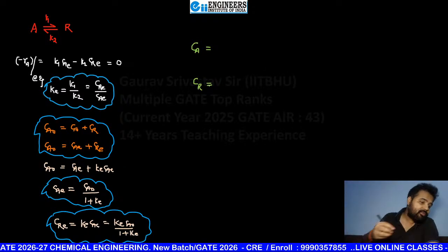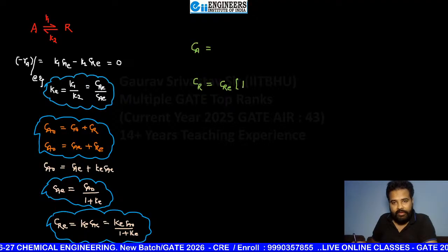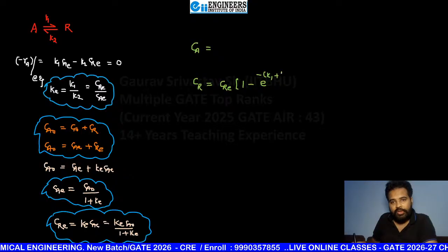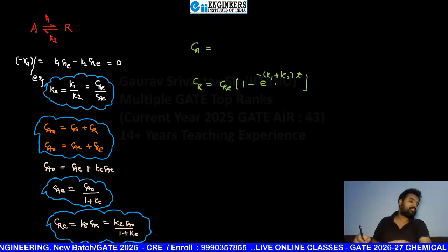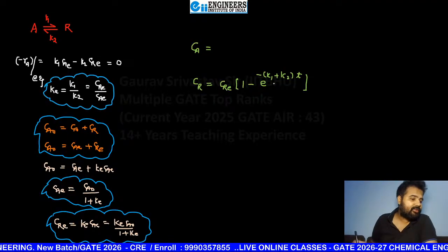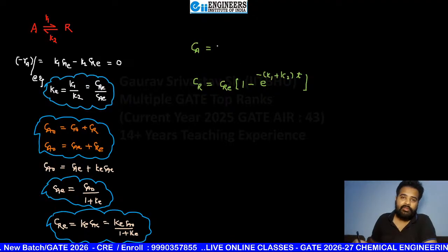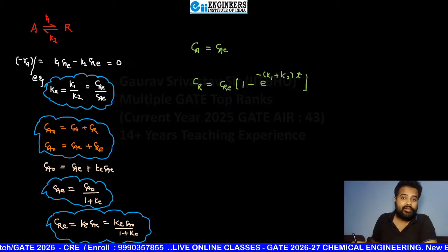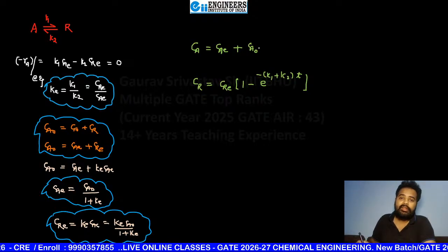Okay, so CR will be CRE times 1 minus e raised to power minus K1 plus K2 t. Can you get this expression for me beta? Can you obtain this expression? Please tell me everyone. Similarly for CA, one beautiful expression you can write like this: CAE plus CA naught minus CAE, times e raised to power minus K1 plus K2 t.